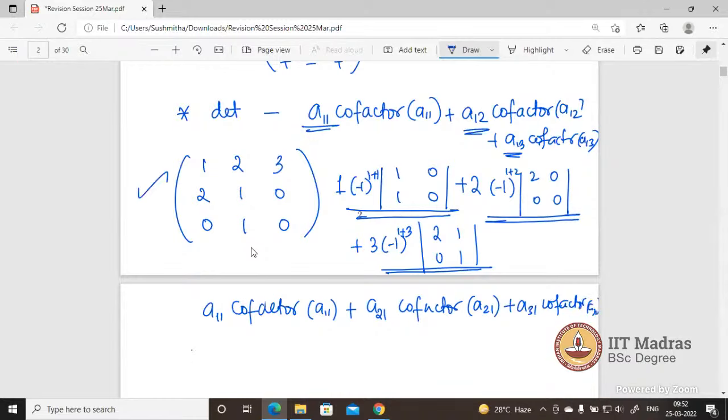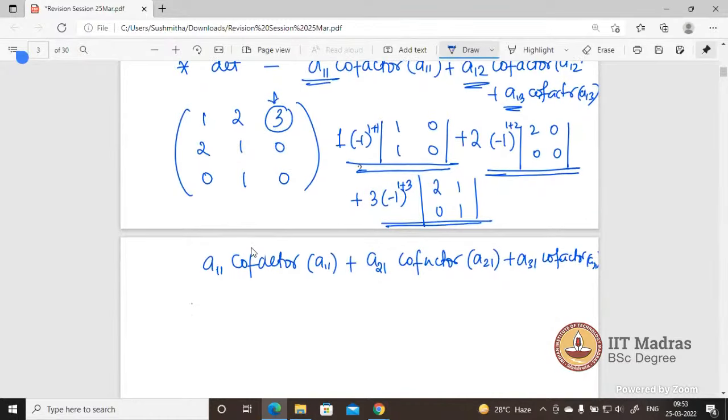So in this matrix, expanding along the third column is the easiest, right? Because 2 of the entries are 0, so I just have to multiply this number with its cofactor. What is the cofactor of this element?